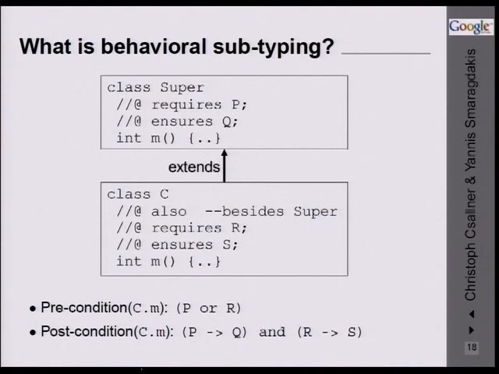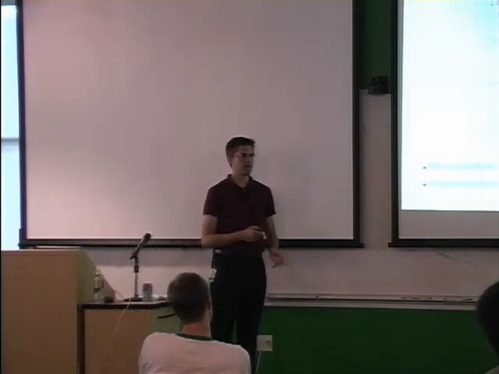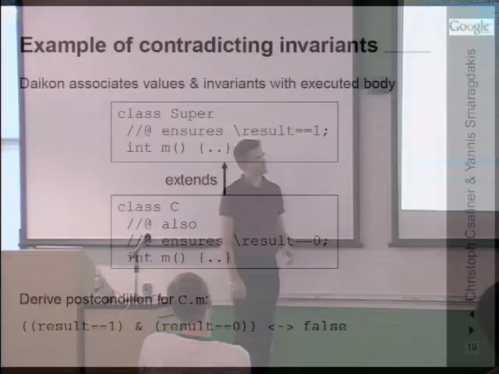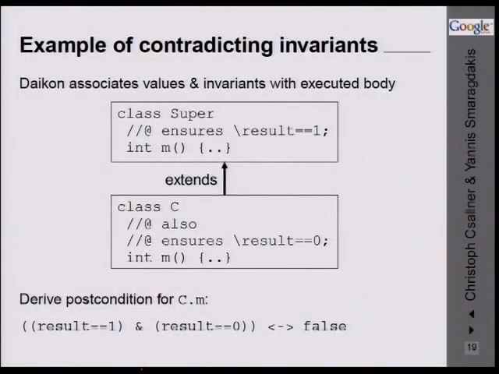But what happens if you do dynamic invariant detection like Daikon does? How Daikon works is that it observes some behavior, and then it will associate that behavior with the method body that was executed.